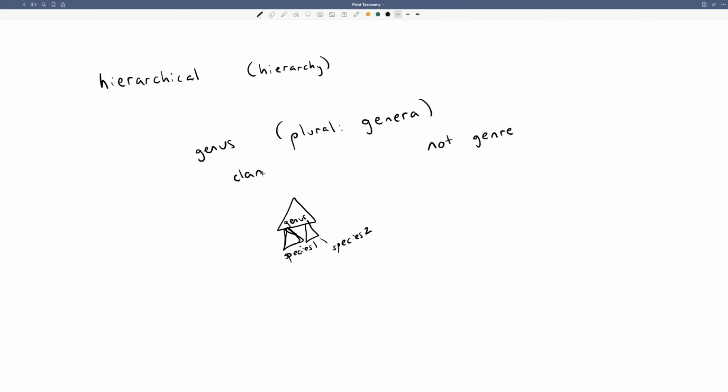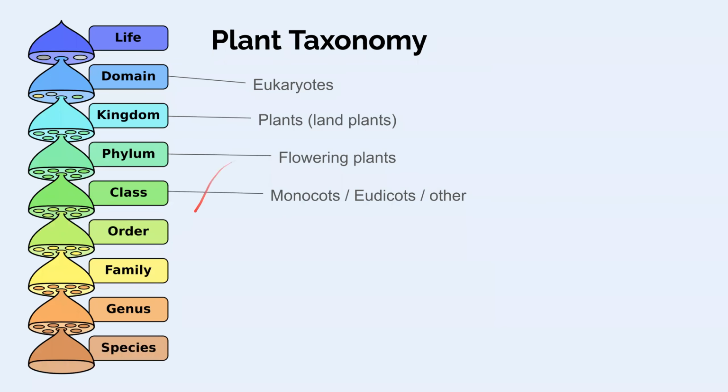So we have all these different categories for groups of things that belong together, built out of a set of language terms that we have for being related. One of the terms we'll see is family, clan, or genus. Anyway, species belong to genera, belong to families, belong to orders, belong to classes, and so on up.